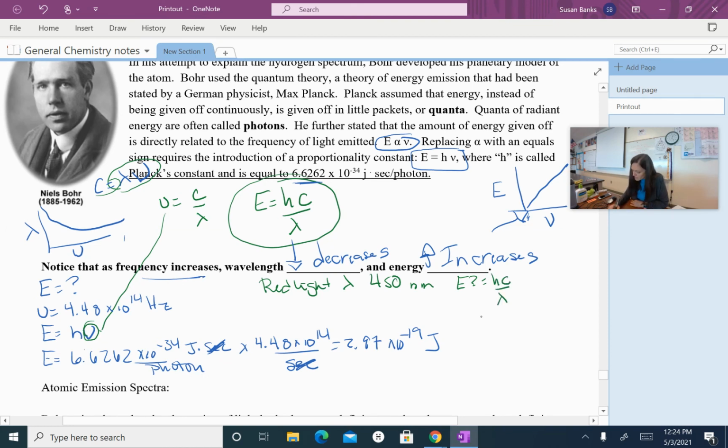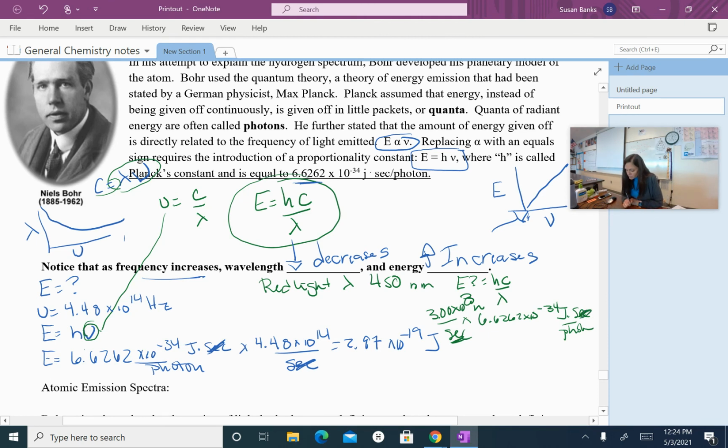So I'm going to type in 6.6262 times 10 to the negative 34 joules second per photon. And then I'm going to multiply it by the speed of light, which is 3 times 10 to the 8th meters per second. So my seconds cancel.